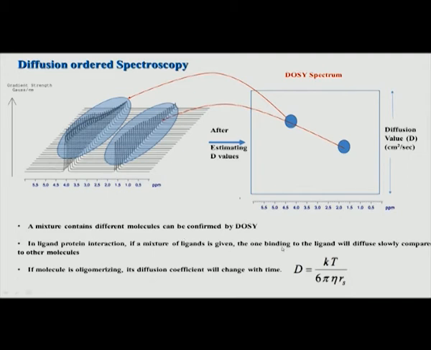Then you can use DOSY, because all the small molecules will have the same diffusion values, but the one which binds to the protein will diffuse slowly, because it is now bound to the protein, a large molecule, and is behaving like a big molecule. That ligand will have a slower diffusion, or smaller D value. By that you can find out that this particular ligand is binding to the protein, whereas the other ligands are not binding.